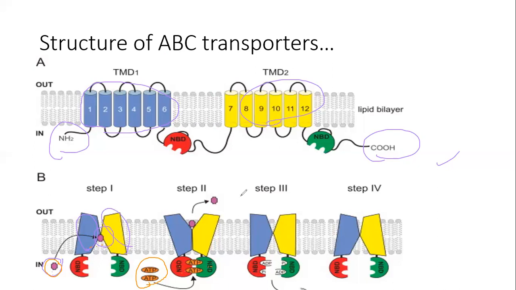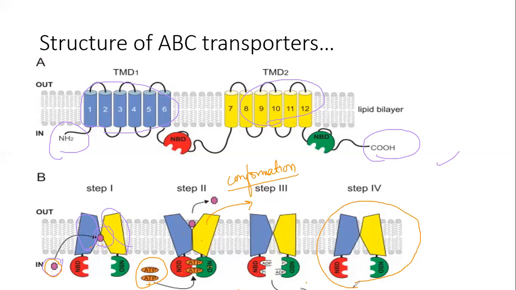That results in the conformational change. So what we have seen till now is that whenever ATP binds, there is always a conformational change. So this conformational change results in the release of the molecule outside. Then it is followed by ATP hydrolysis. This ATP hydrolysis will bring your ABC back to its resting state.